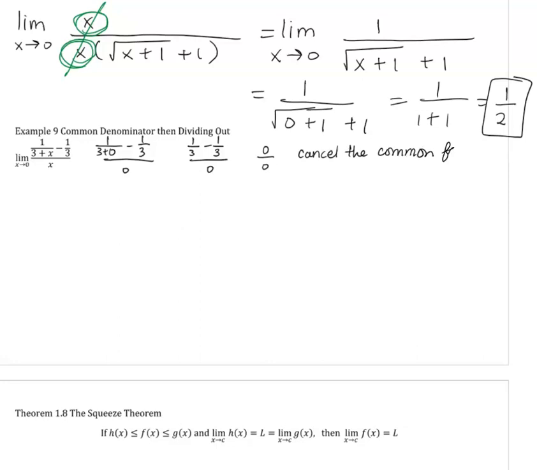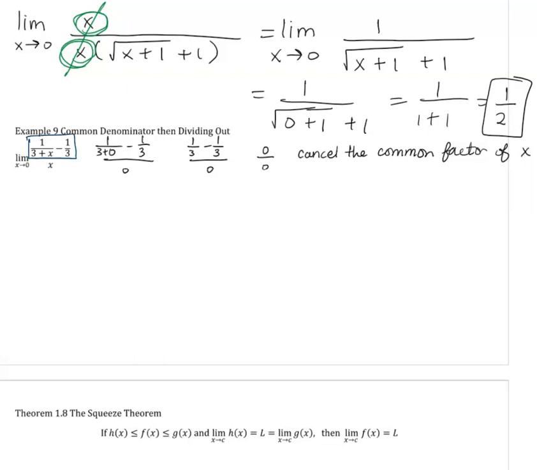In this case, we were approaching 0, so our common factor is just x. So I can see the x in the denominator that we're going to use to cancel, but to find the x in the numerator, we're first going to have to do some algebra. I'm going to go off to the side and do this algebra.